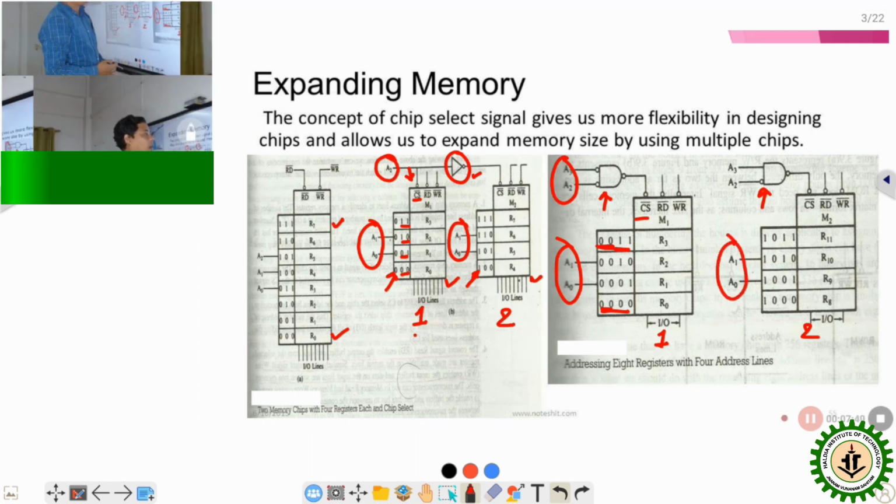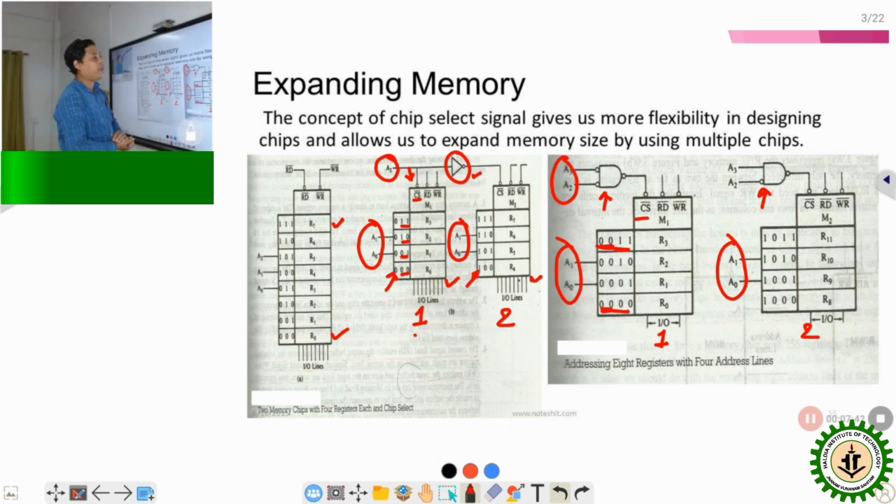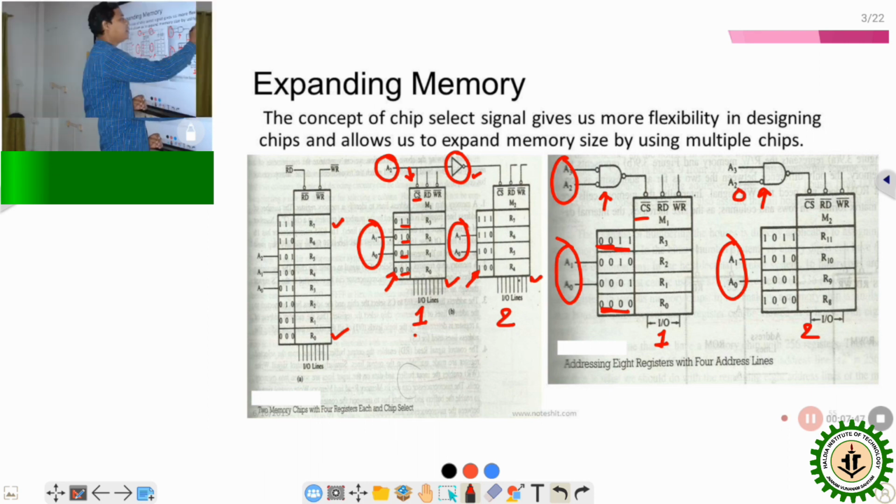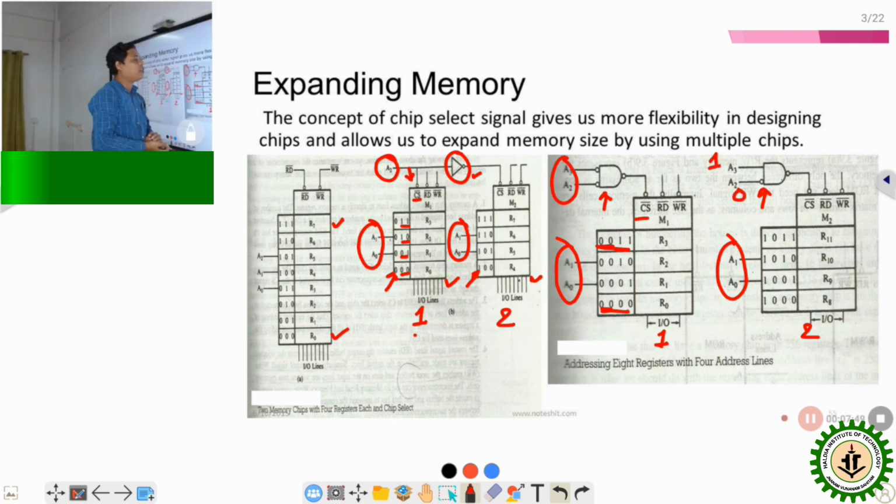Here, to enable the chip select line of the memory, A2 must be 0 whereas A3 should be 1, because in front of the NAND gate on the A2 line a NOT gate is present. That's why in this case the address range of the memory varies from 1000 to 1011. That's how the additional address lines can be connected with the memory chip.